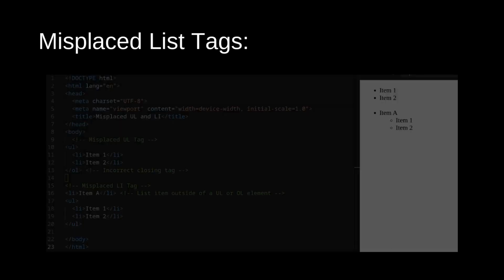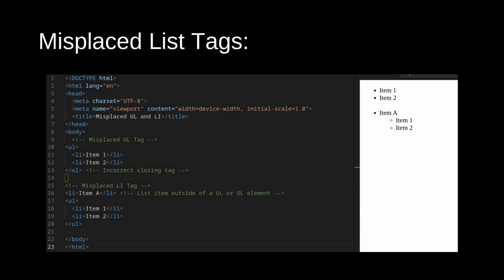Now here are common mistakes and errors while using lists in HTML. First, misplaced list tags. Forgetting to close the opening tags for the unordered or the ordered list elements properly, or placing list items, the li element, outside of the list element can lead to invalid HTML structure and unexpected rendering.